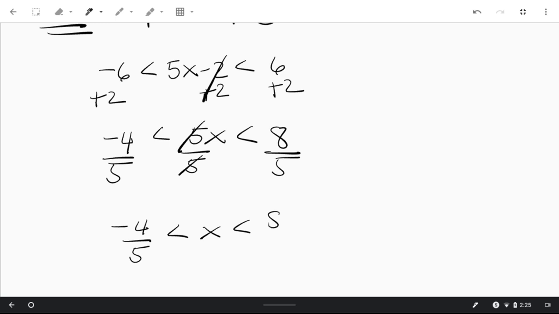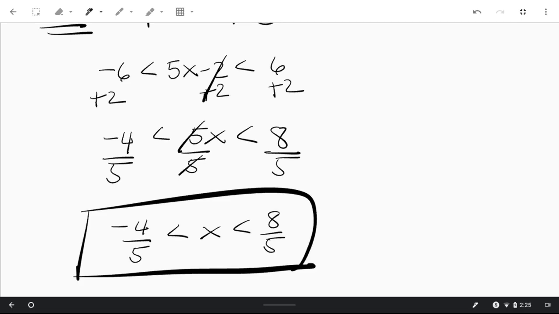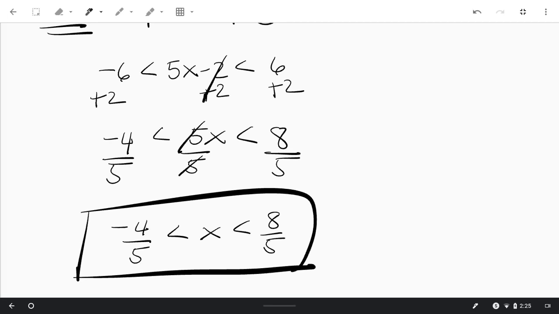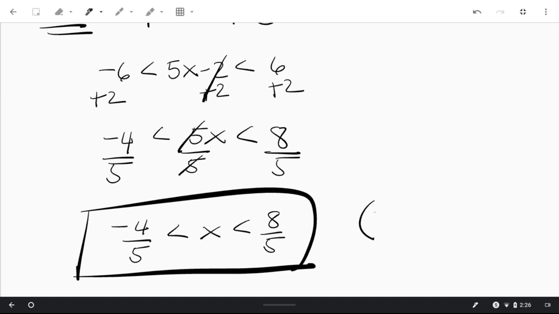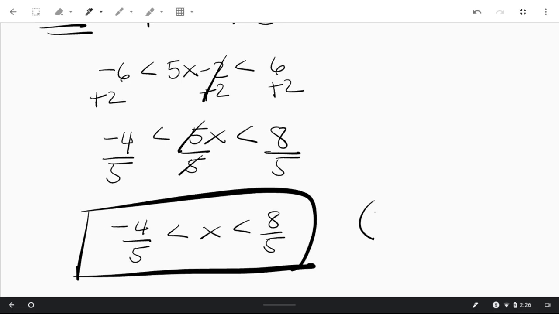Another way to write this, if you do use set notation, is by using, since these are strict inequalities, not less than or equal to, a parenthesis, negative 4 over 5, comma, 8 over 5, parenthesis.